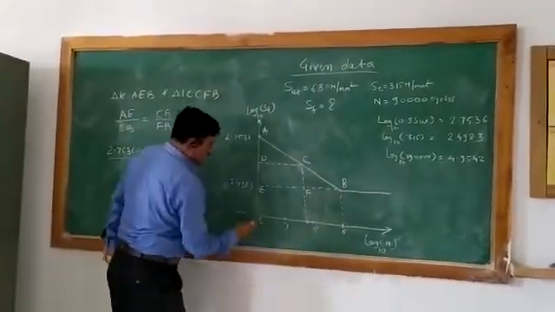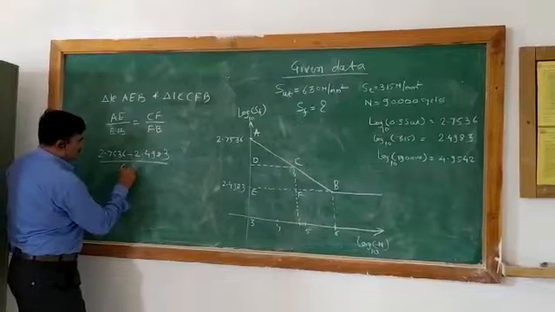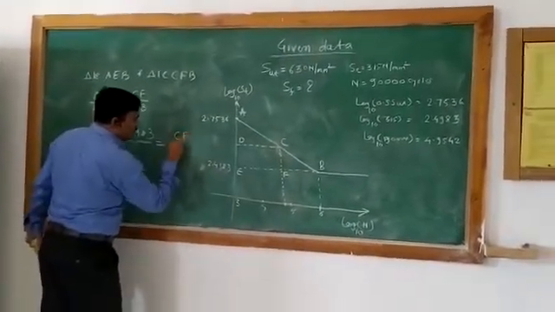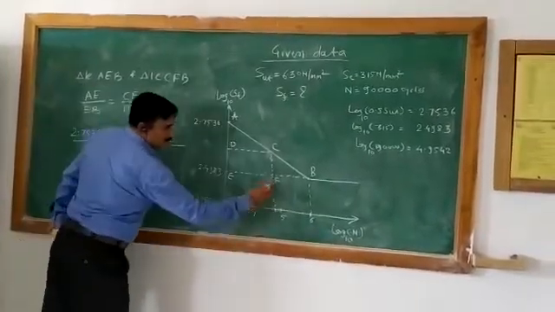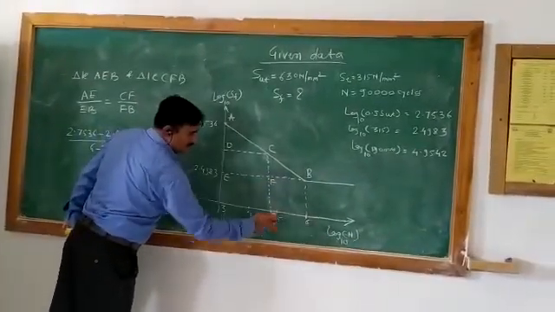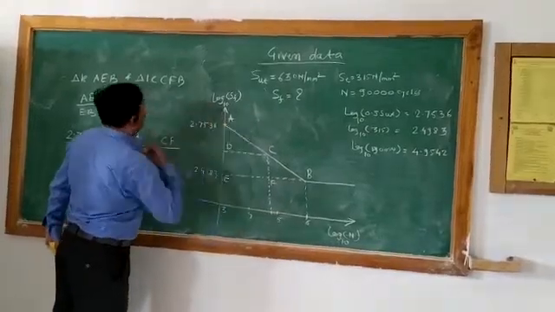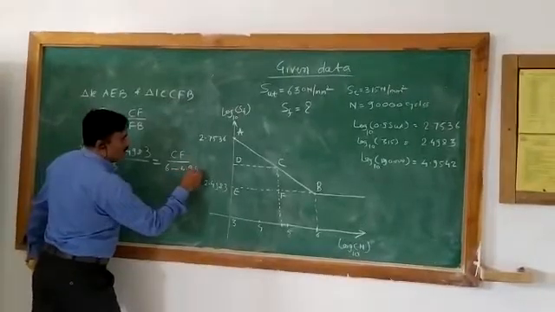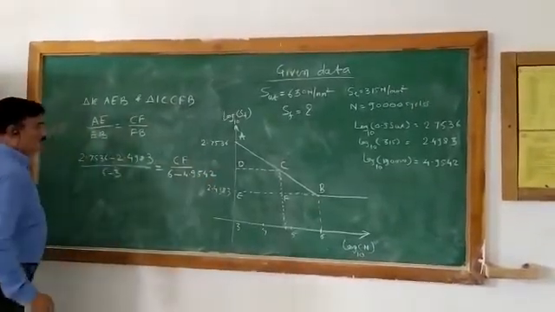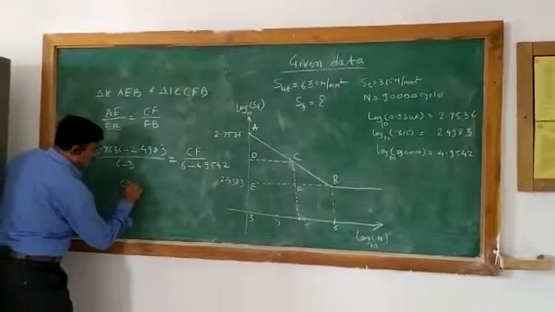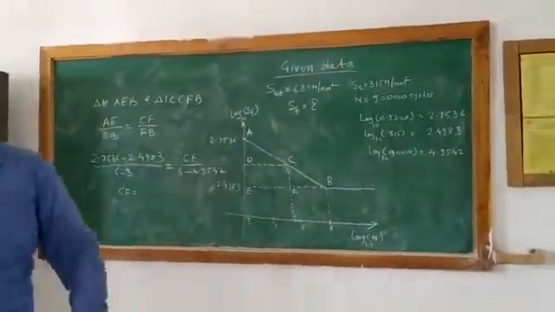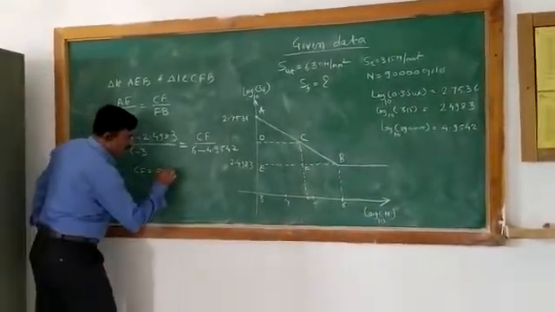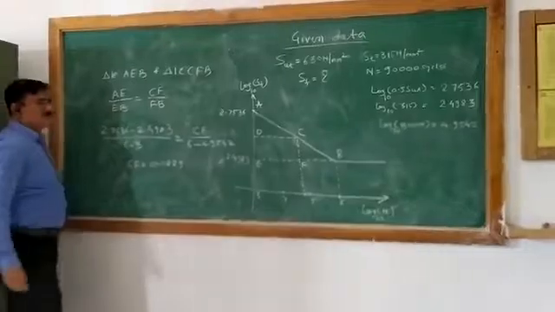EB, this is 6, this is 3, so 6 minus 3, is equal to CF, which we need to calculate. Put it as it is. Next, FB. This is 6 and this distance we have already calculated, so 6 minus 4.9542. Based on this, what will be the value of CF? I will just tell you the value of CF. CF is 0.0889.